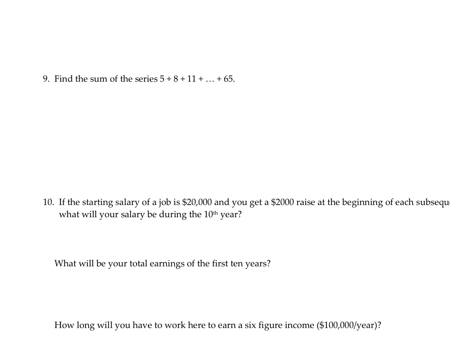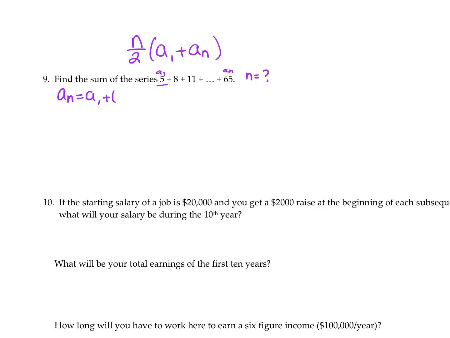All right, so let's continue to use this formula. I'm going to write it at the top here since we have it on our other page. So find the sum of this series where a1 is 5 and an is 65. So now again, I don't know what n is, so I need to solve for n using my explicit formula.